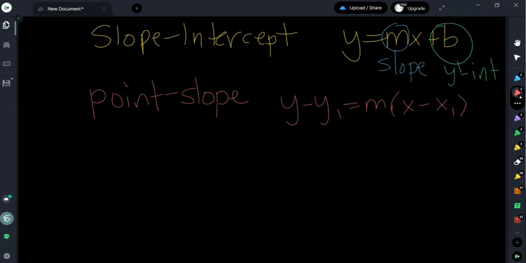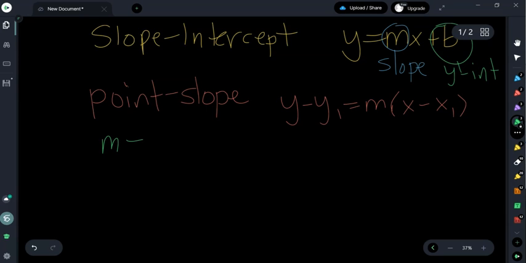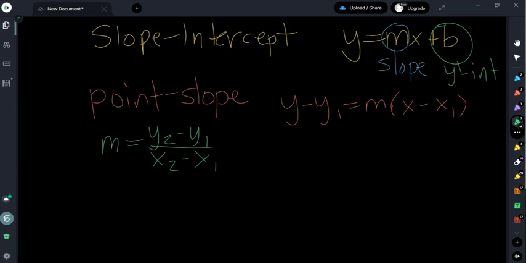Point slope actually is a derivative of the slope formula. So let's review what the slope formula looked like. If you remember, the slope formula was y2 minus y1 over x2 minus x1. Well, if we do a simple cross multiplication here, we can arrive at the point slope formula. So I'm going to put m over 1, and then I'm going to cross multiply.